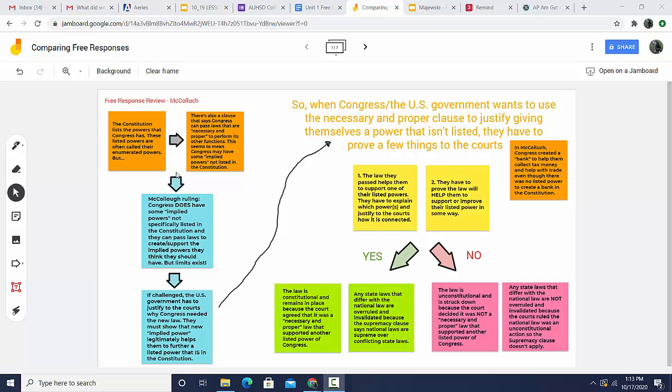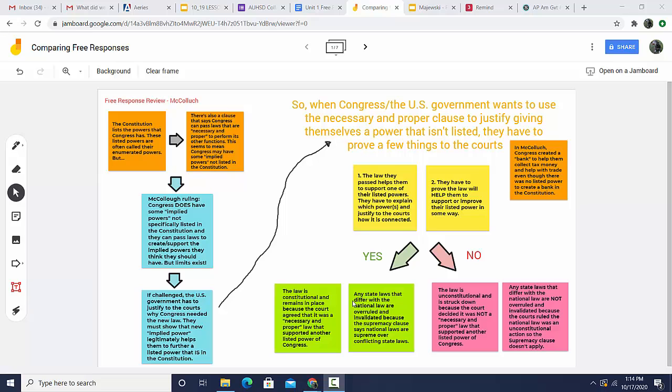All right? So that's the job of the U.S. government. Now, if the courts agree with them and say, yes, we do agree with you, we think this is legitimate, then the law is constitutional, right? We go into this yes direction, and the law is constitutional, and it remains in place because the court has agreed that this was a necessary and proper law that supported another listed power of Congress.